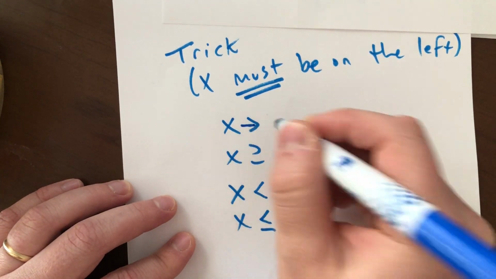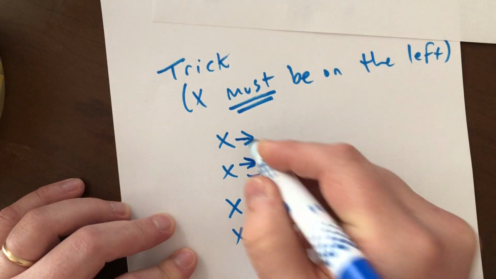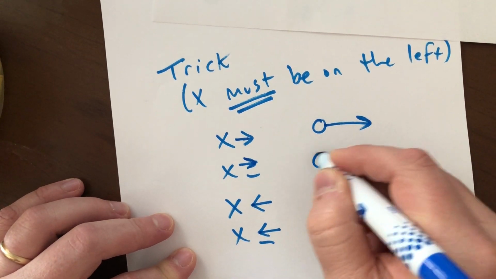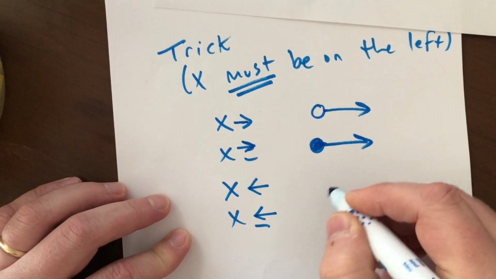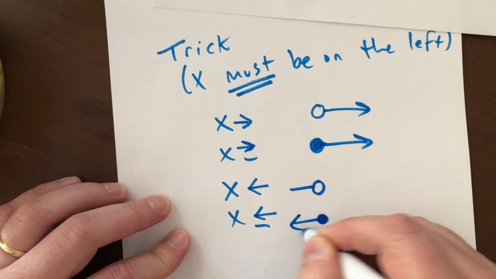It actually points the direction that we shade. So for either of these, this would be open circle going that way. This would be closed circle going that way. This would be open circle going that way. This would be closed circle going that way.